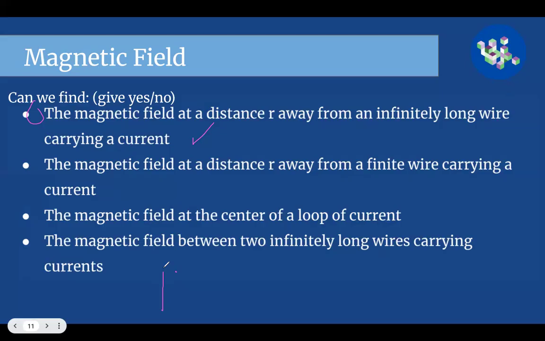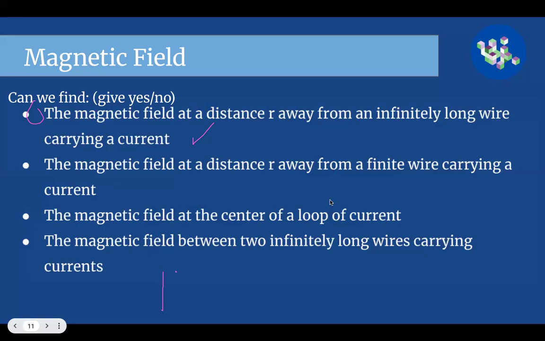If you use the Biot-Savart law, you'll find the magnetic field lines wouldn't look like simple concentric circles. So that's the tricky point of having a finite wire that we talked about a few minutes ago. If you want to find a magnetic field at a distance r away from a finite wire that contains current, you cannot use Ampere's law anymore.